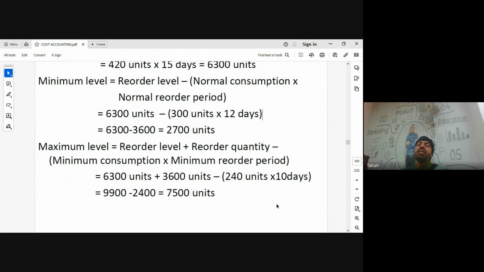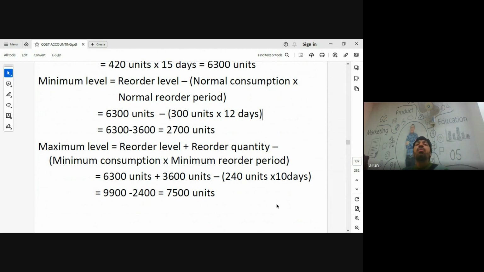The reorder period is given as 10 to 15 days, so 10 is the minimum reorder period and 15 is the maximum reorder period. So the minimum reorder period is 10 days, right?